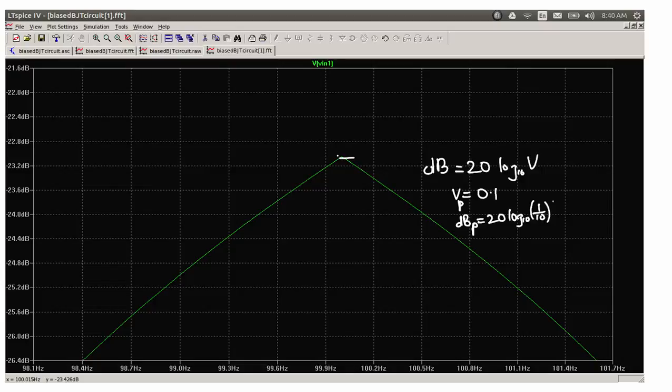So 10 is 10 to the power of minus 1, so this is just minus 20. And the dB that's being represented here is dB RMS, which is dB peak minus 3 dB. 3 dB corresponds to 1 divided by square root of 2, and that's how you convert a sinusoid from peak to RMS. So we're getting minus 23 dB. Okay, so that makes sense. That's here.